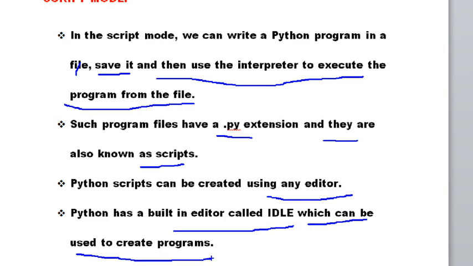So this is about script mode. The basic difference is that in interactive mode we cannot save the file, whereas in script mode we can save the file for future use.